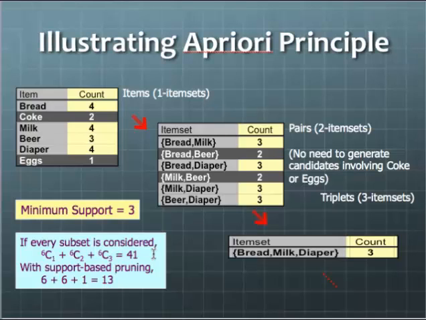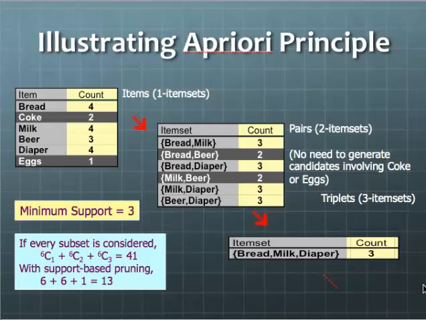While with a priori principle, this number decreases to 13 candidates, which represents a 68% reduction in the number of candidate item sets, even in this simple example. So this is the frequent item set generation stage in the a priori algorithm.